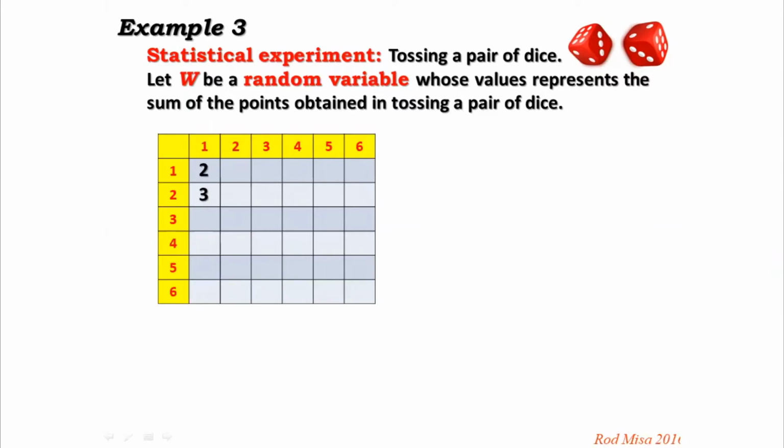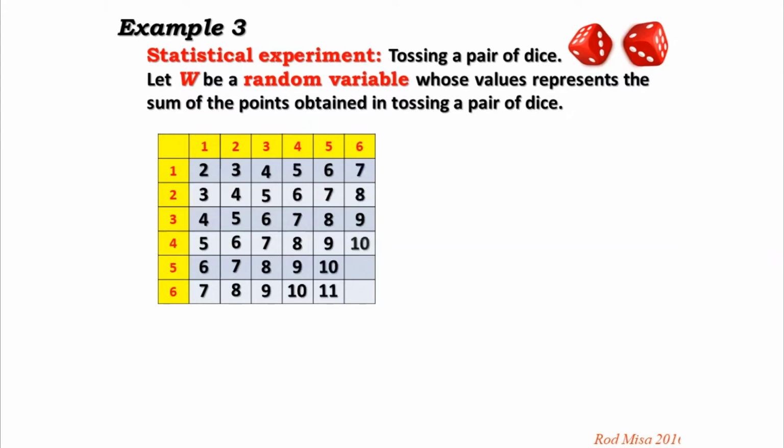Or you can have 4 as the sum of 1 and 3. Or 5 as the sum of 1 and 4. Or 6 as 1 and 5. Or 7 as the sum of 1 and 6. And so on and so forth, tabulating all possible sums here.